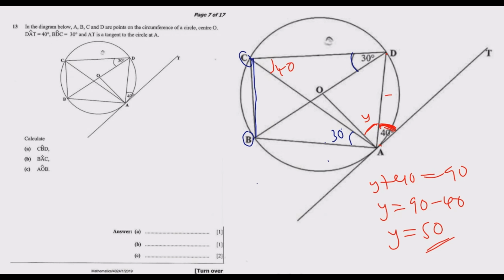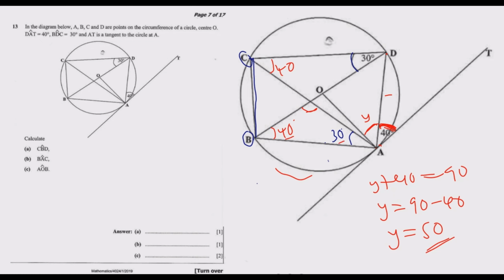All the angles starting from A and D in the major segment, which is in this case this side, should be the same. So if this angle is 40, this angle should also be 40. Then you can find this angle here, because we know this is 40 plus 30, which is 70.